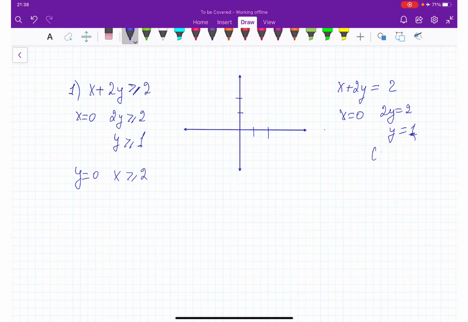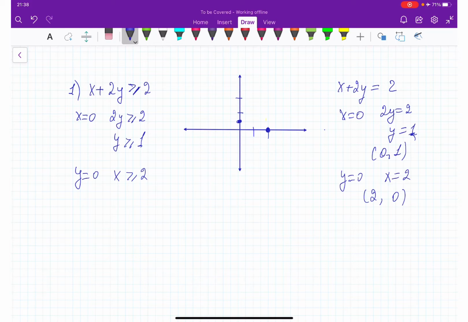Correct? That's the first coordinate, 0, 1. And for the second one, y is equal to 0. We get x is equal to 2, which means the second point is going to be 2 and 0. Here it is, 2 and 0, and 0 and 1, which is this one, 0 and 1.